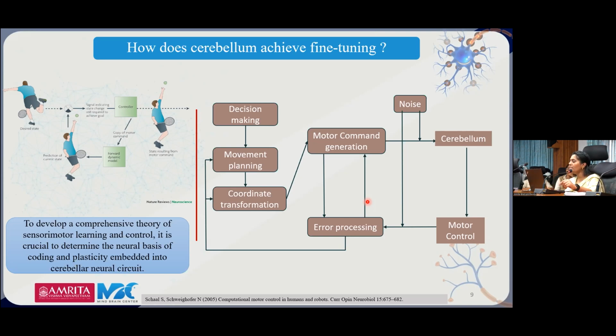These motor commands are sent to the cerebellum, and from there the motor control happens. Based on the error or the changes that have happened, it is sent back through the loops to correct the particular system.